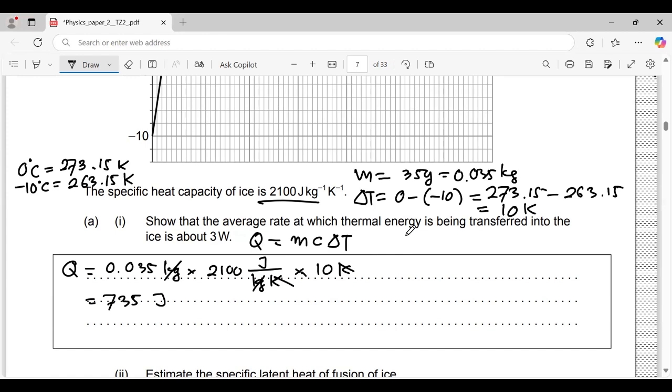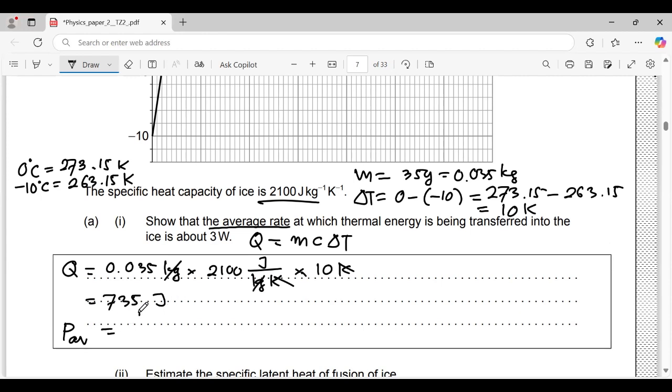Now we will figure out the average rate, the average rate of power.